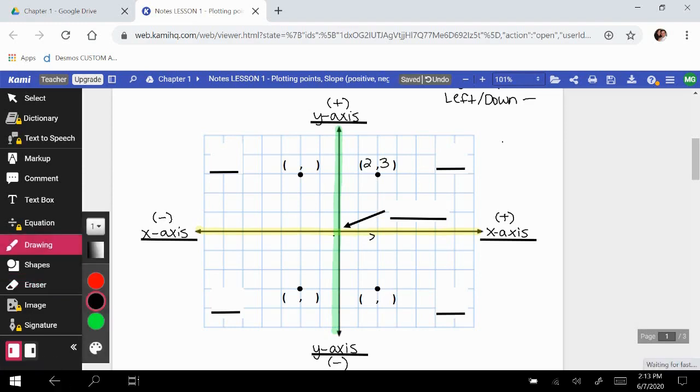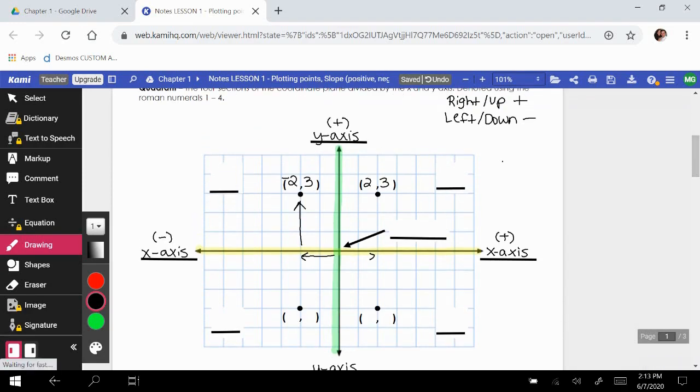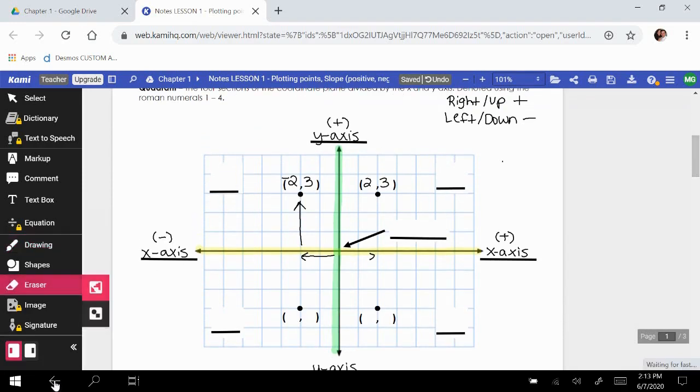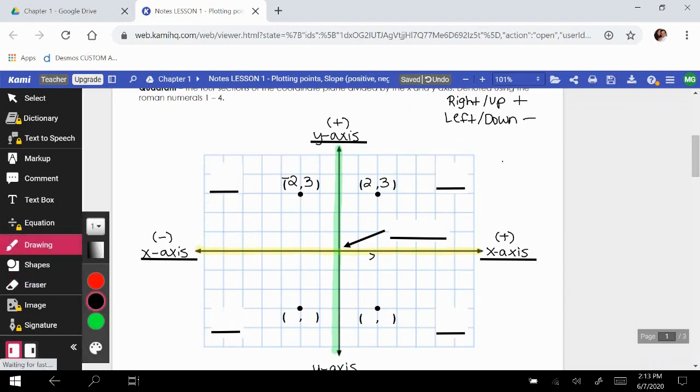Over here, I would have to move left 2, up 3. Because I'm moving to the left, my x value is going to be negative, so I'm putting negative 2. And then up is a positive value, so I'm going to put 3. In the next quadrant here, I'm moving left 2, down 3.